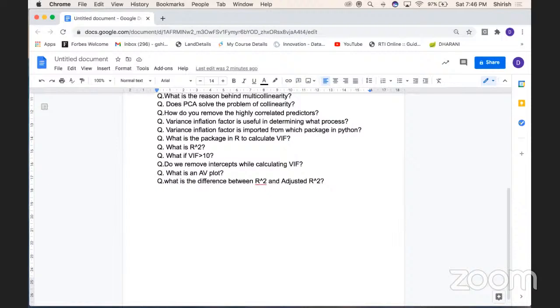So we have seen that there are a few techniques. You have the multicollinearity problem. You can go for PCA to solve the issue of multicollinearity. You have the procedure to find out the highly correlated predictors, and techniques for reducing multicollinearity. What are the techniques?